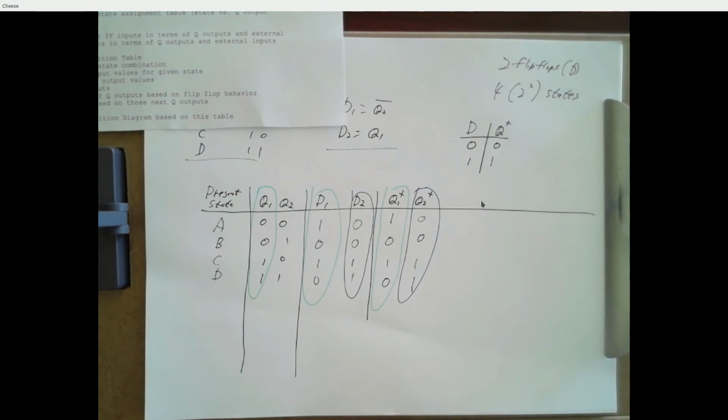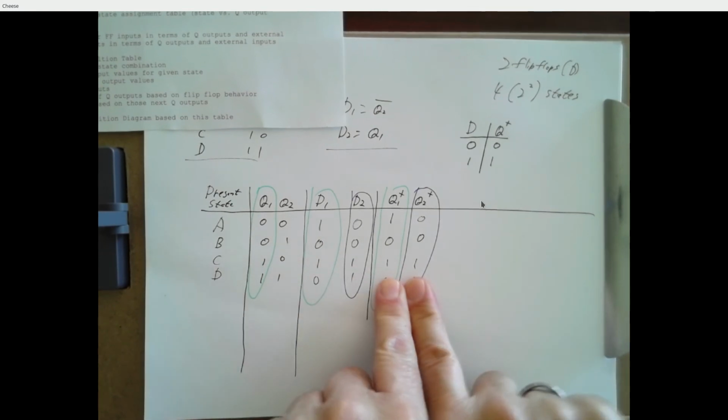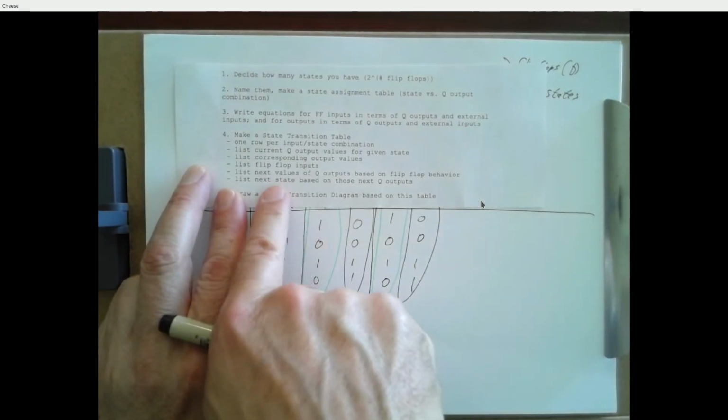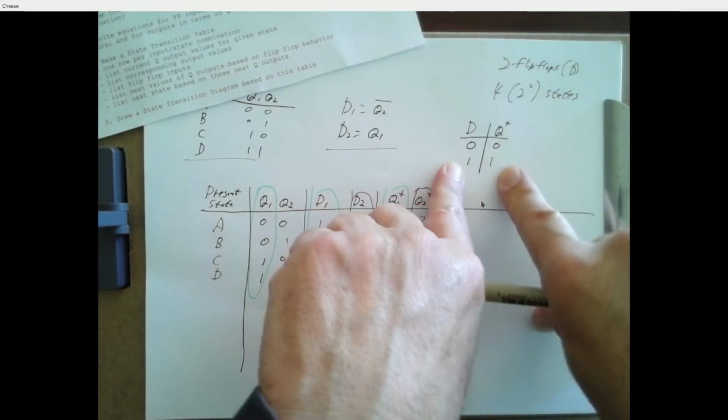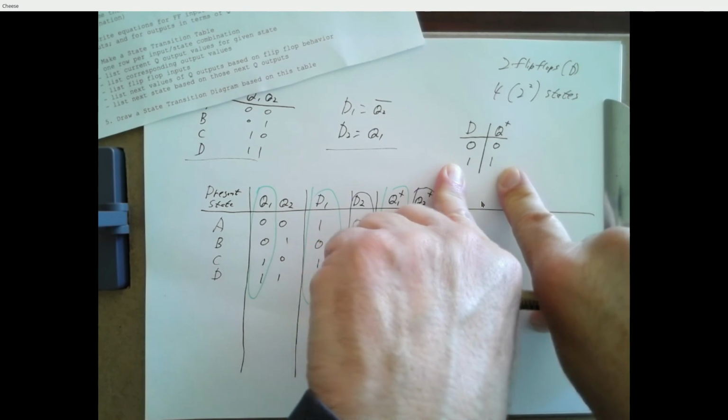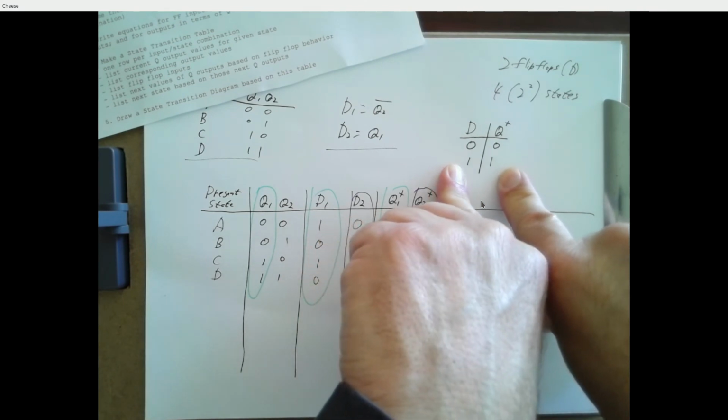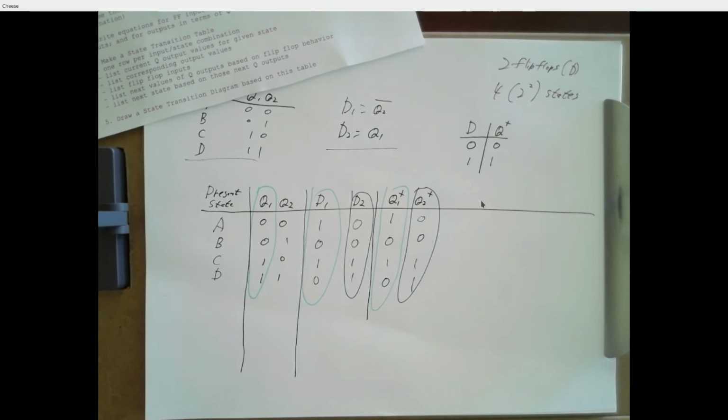Okay, but that's only for a D flip-flop. And we're not doing that because the procedure says copy these columns over to here. We're doing it because the procedure says list the next values of Q outputs based on the flip-flop behavior. And that happens to be what a flip-flop does if it's a D flip-flop. Okay, so don't get tricked into thinking there's a shortcut here.